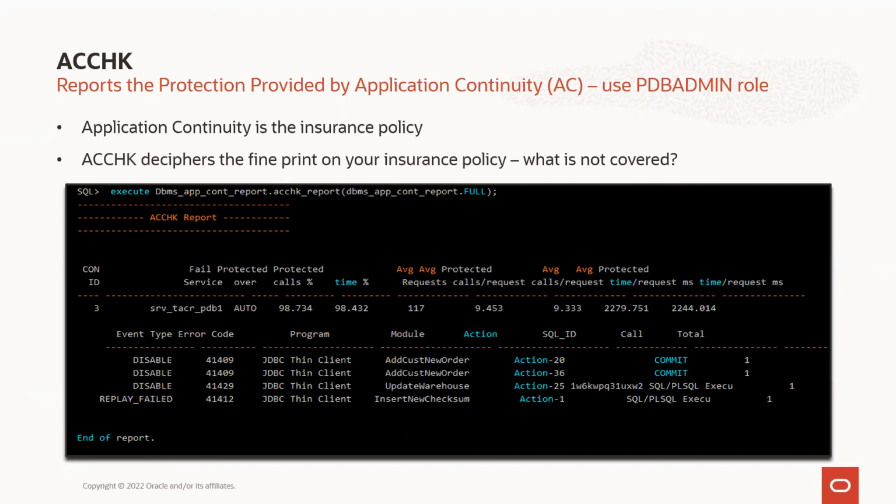For this utility, there's a video available to show you how to use it. It is exactly the same across the board, whether you're using it in the Oracle Cloud or on your on-premise databases. It relies on the DBMS_APP_CONT_REPORT functionality to process the workload and report on it, in this case the full report, and then detailed reports of what is available and what's not going to replay for you.